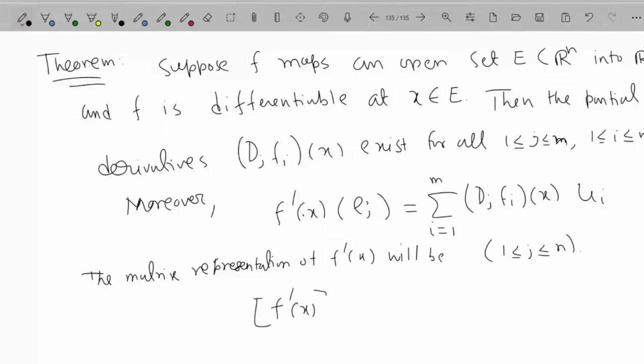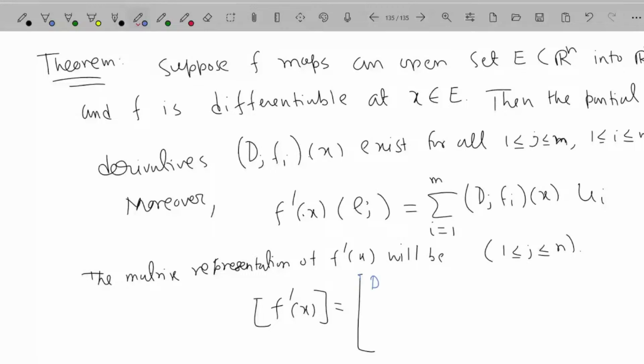What would it be? Because f'(x) is given in the basis. Rn has a basis E1, E2, ..., En, and E1, E2, ..., Em are the basis of Rm. So what will be the matrix representation? The first component will be in the column, correct?